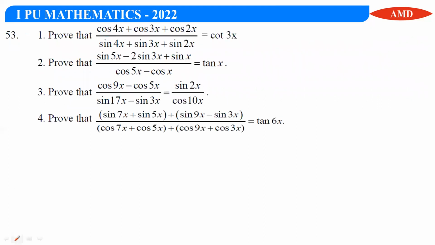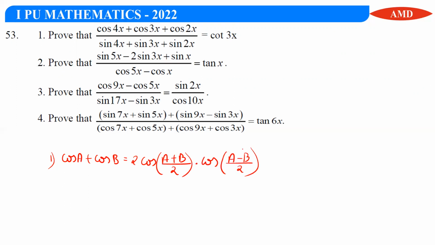Next, we have a question from trigonometry, where the question will be based on the transformation formula. So here you'll have to remember 4 formulas. The first one is cos A plus cos B equal to 2 times cos of (A plus B) by 2 into cos of (A minus B) by 2.